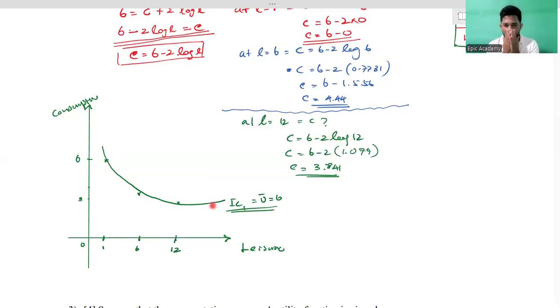If you have any kind of doubt about the drawing or anything related to the calculation, you can use a website known as Desmos, D-E-S-M-O-S.